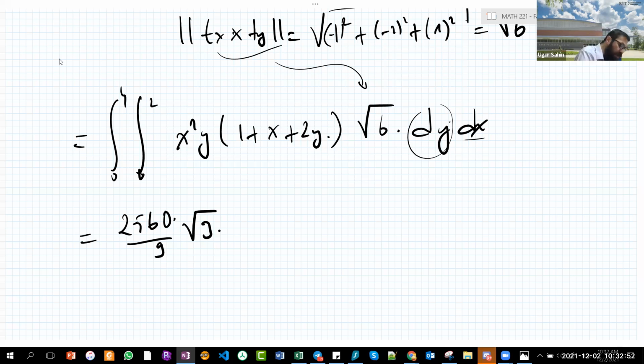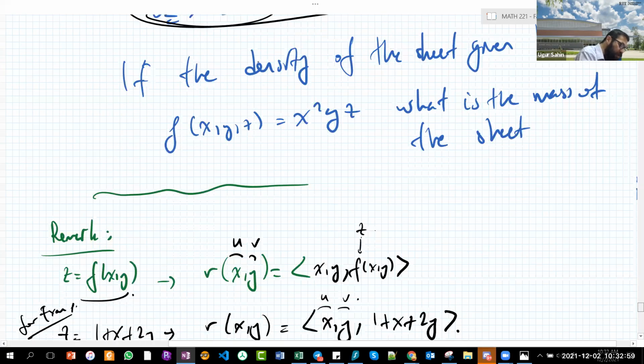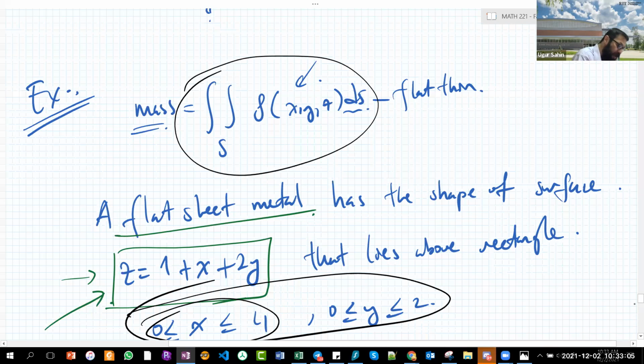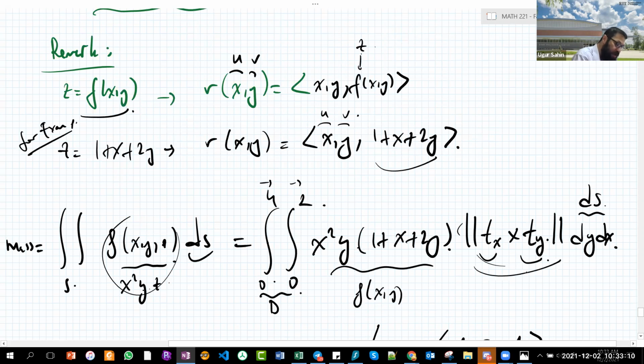Let me go ahead and repeat the steps one more time, what I did here. Look at that. This is the formula I'm going to be using, but of course, this is the notational form. And when I extend that formula, it is going to be equal to rho xy times the length of this cross product vector. What I do first, if I'm not given the parameterization, my first step is to find out what the parameterization is.